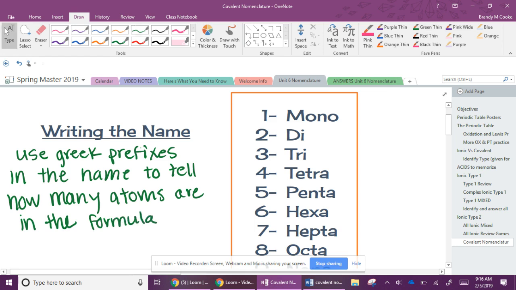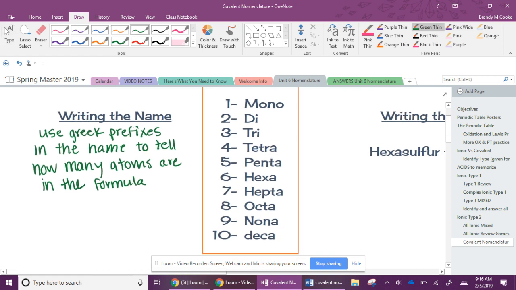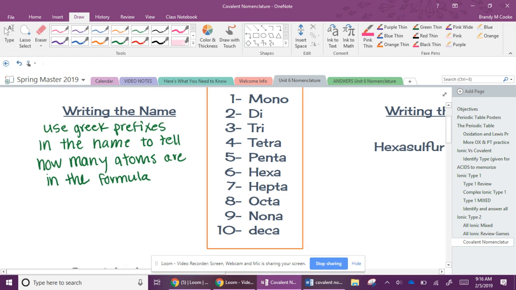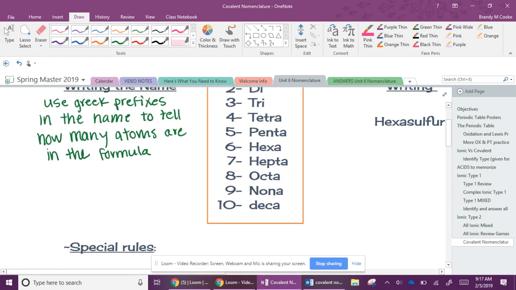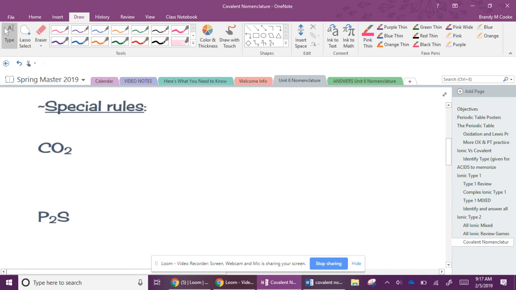So if you need to, go ahead and pause the video so that you can write that down, as well as all of our Greek prefixes. Some of them are hopefully familiar. Some of them you might have to study a little bit, but go ahead, pause the video and write those down. So you're going to use those Greek prefixes to tell you how many atoms are in the name.